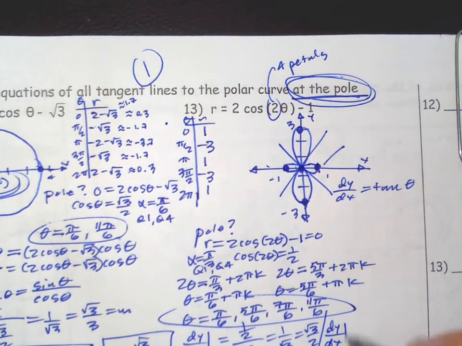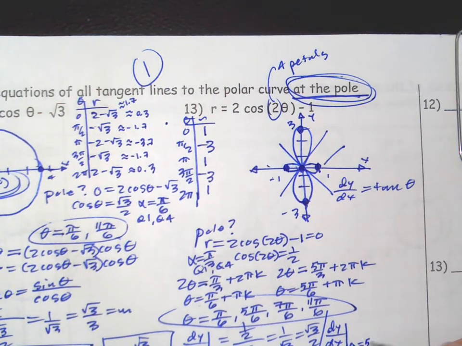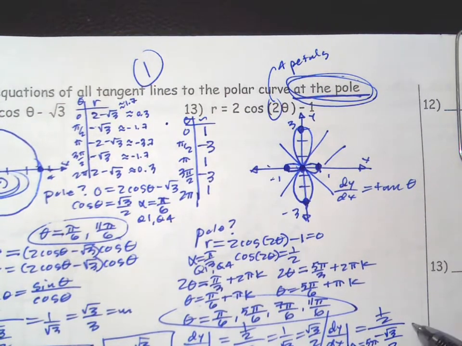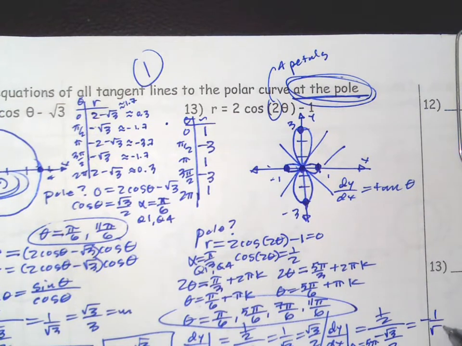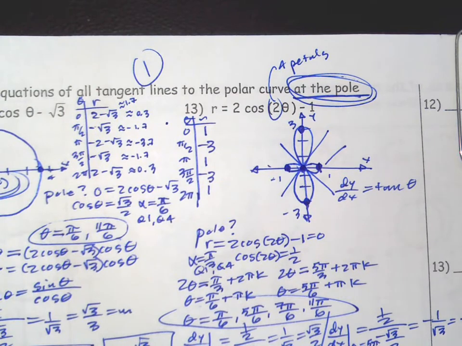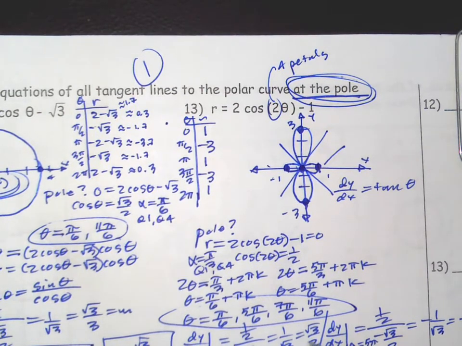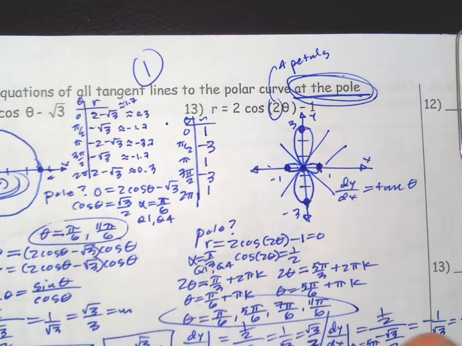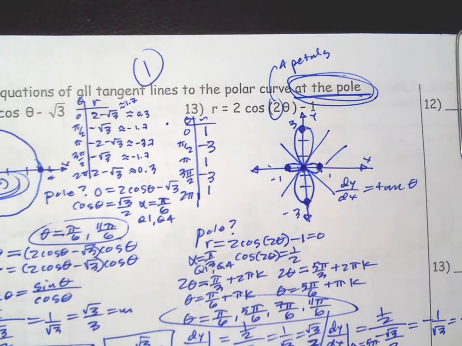And we do dy/dx for theta equals 5 pi over 6. That's going to be 1/2 over negative root 3 over 2 because it's second quadrant. So that's another one. And then I think we're going to get the same values if we plug these other ones in. 7 pi over 6. It's going to be negative 1/2 over negative root 3 over 2. So it's going to be positive 1 over root 3. So it's going to be positive root 3 over 3.